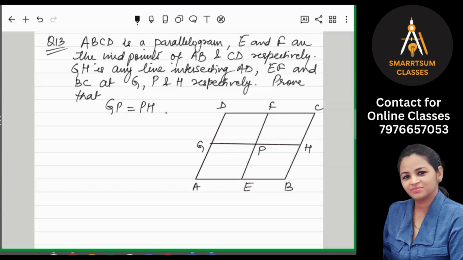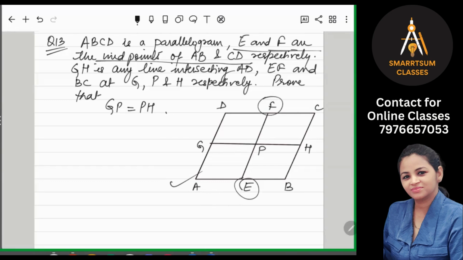Now look at this question, question number 13. ABCD is a parallelogram, as you can see here in this figure. E and F are the midpoints of AB and CD respectively. So E is the midpoint of AB and F is the midpoint of CD.